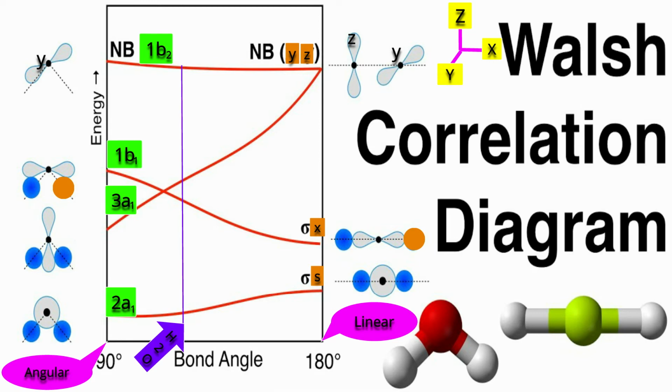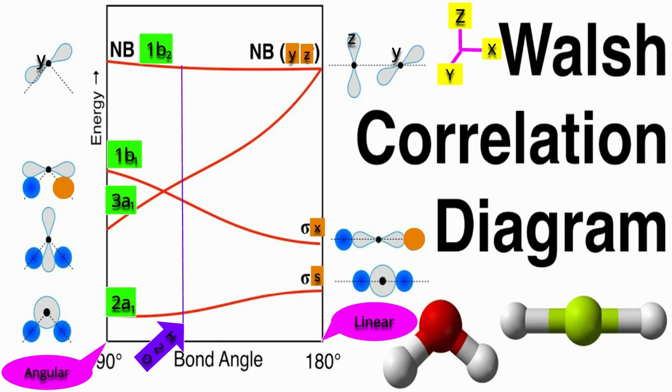Attraction or repulsion? Attraction. So in addition to the previous attraction, between group orbitals there will be a new attraction due to the bending, due to the angular structure. Therefore, as a result, the energy of sigma s decreases. By the red line, the decrease in energy is represented.